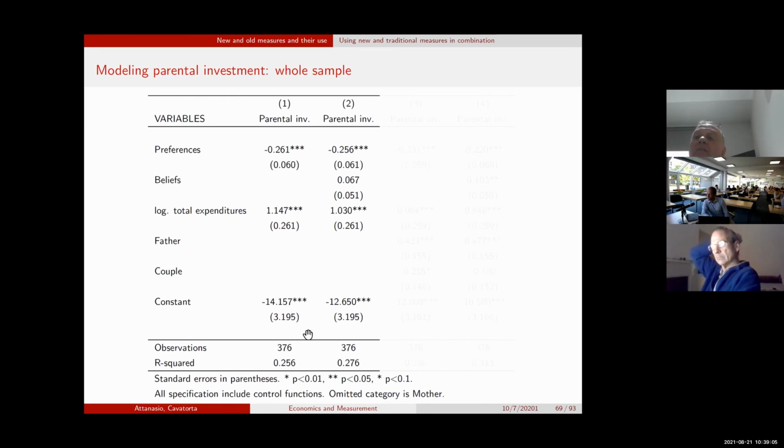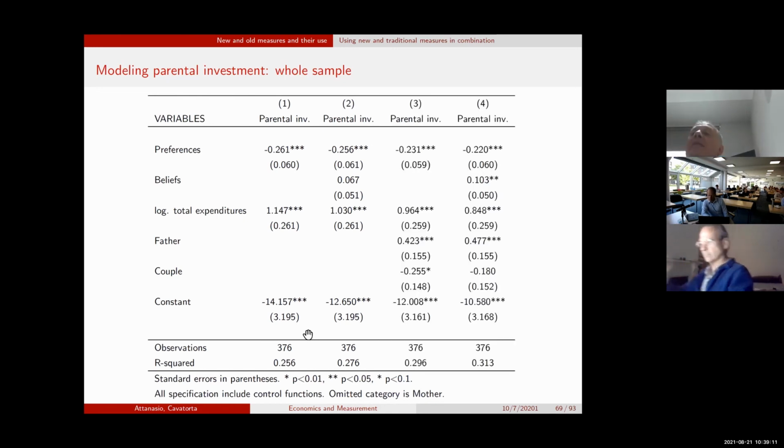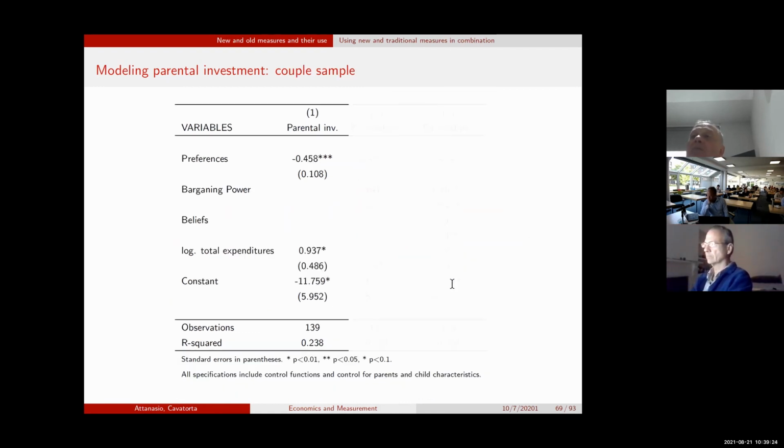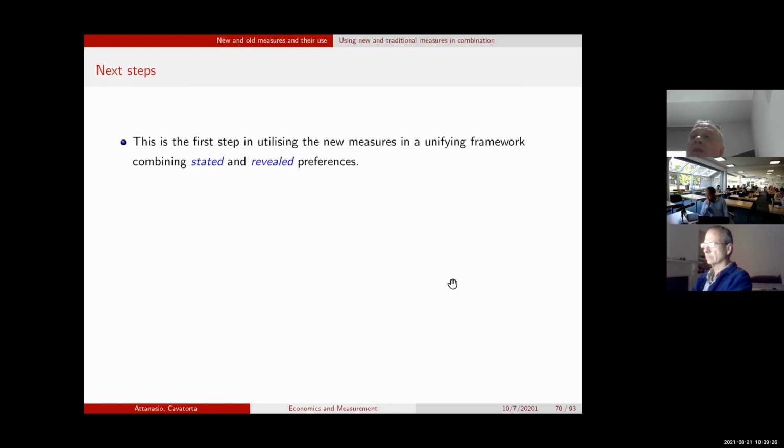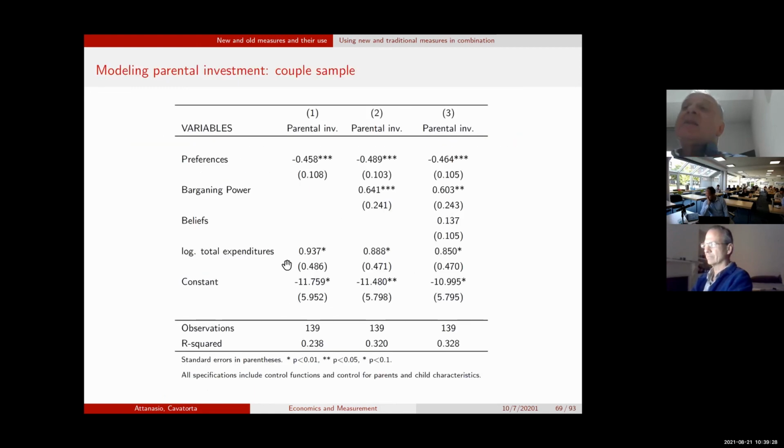All right. I'm afraid I'm running out of time. This is the last table, and then one more slide after that. So then we allow the differences to be across, and this is the last slide, where we do just the couples, and here bargaining power is relevant.